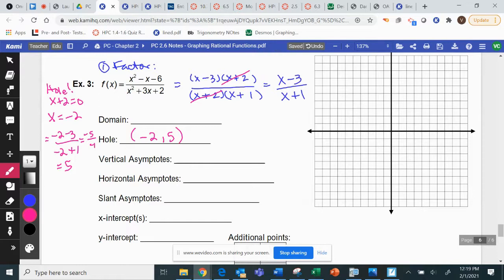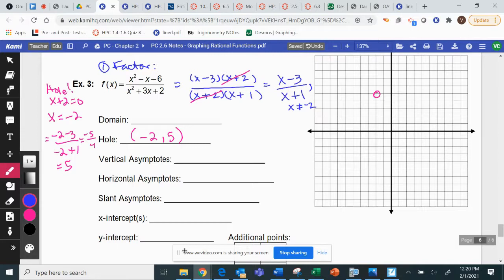So my hole is at -2, 5. I'm going to go over to my graph and just make a hole so I don't forget about it. I think some people tend to forget. From algebra 2, when you canceled those x plus 2s, at the end you would write x does not equal -2.